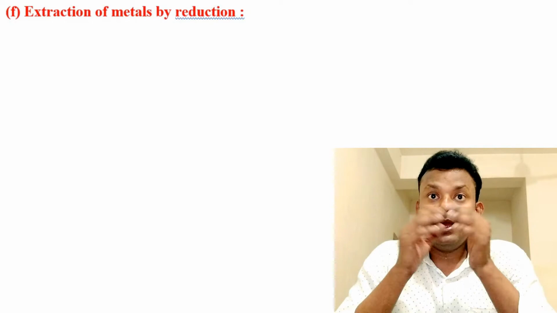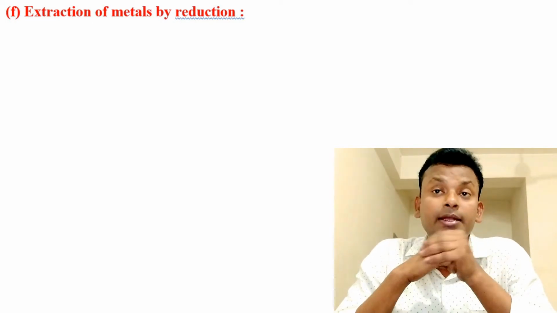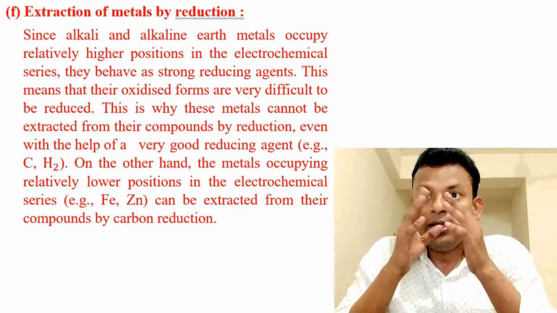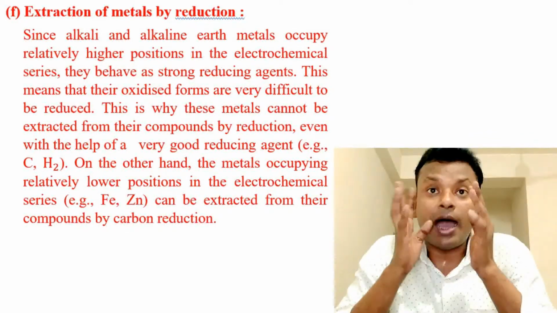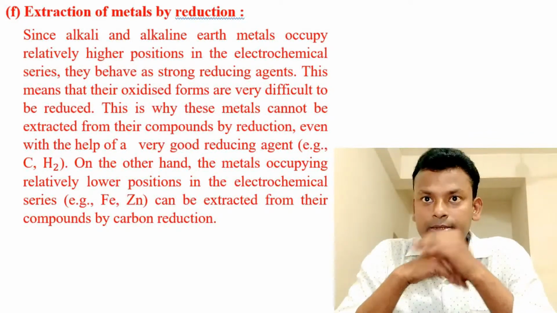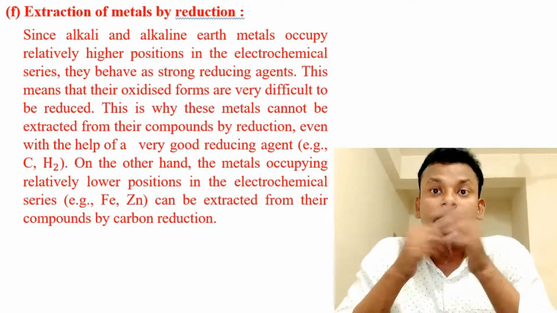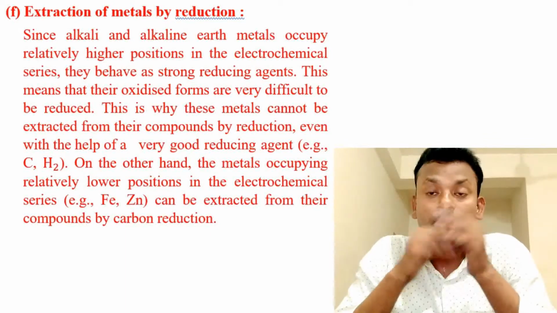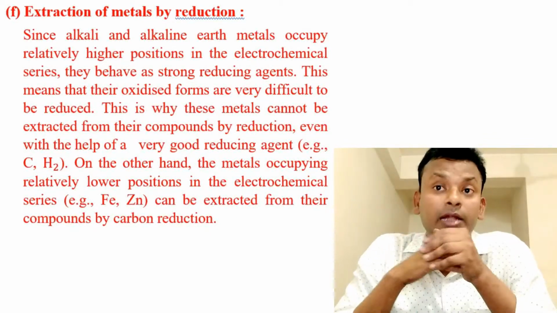Point F. Extraction of metals by reduction. Since alkali and alkaline earth metals occupy relatively higher positions in the electrochemical series, they behave as strong reducing agents. This means that their oxidized forms are very difficult to reduce.